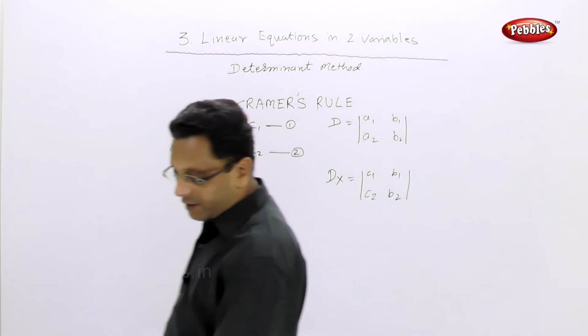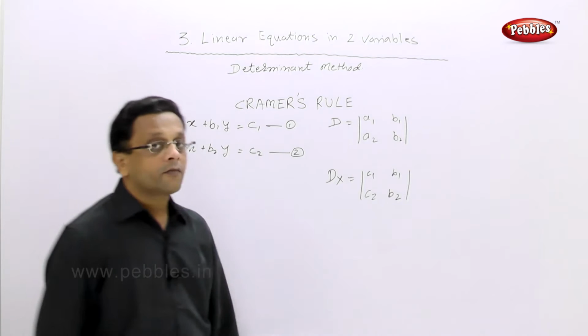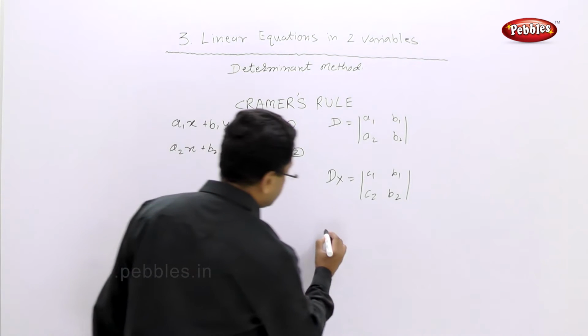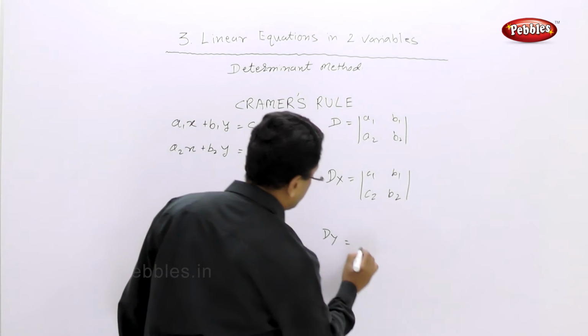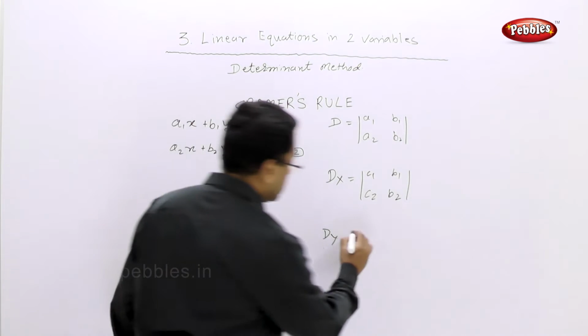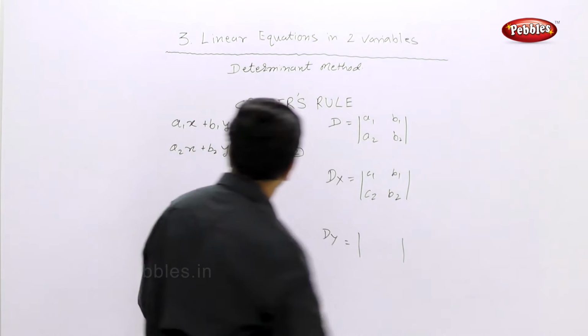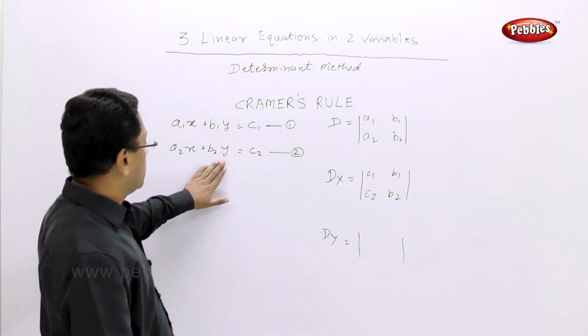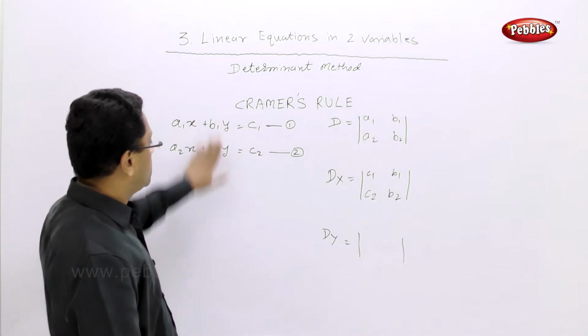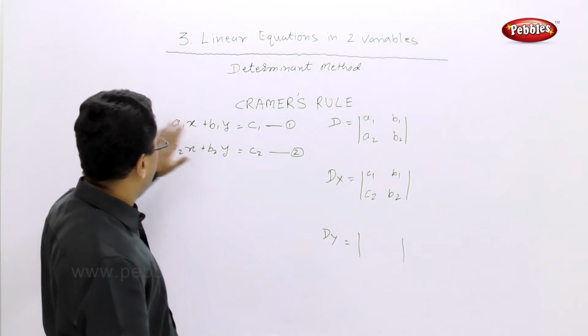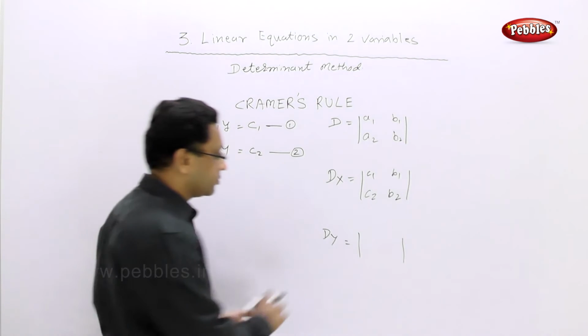And then we have to find Dy. Simple. In this case, we want to find y, so we will replace this column with c1 c2. So a1 c1, a2 c2.